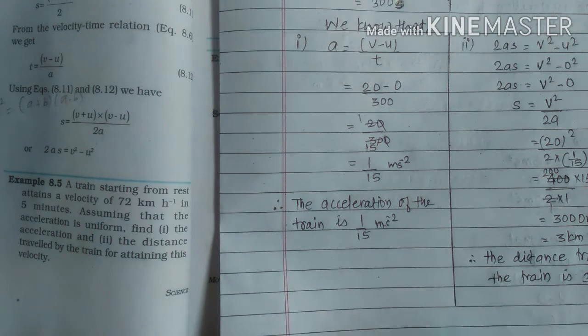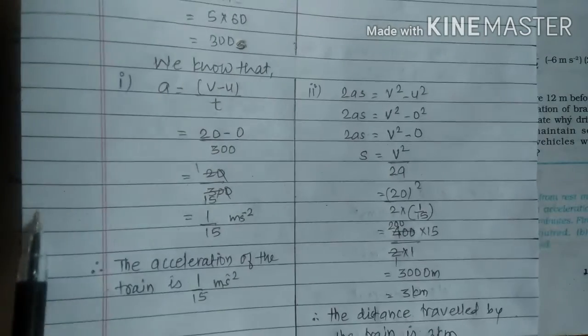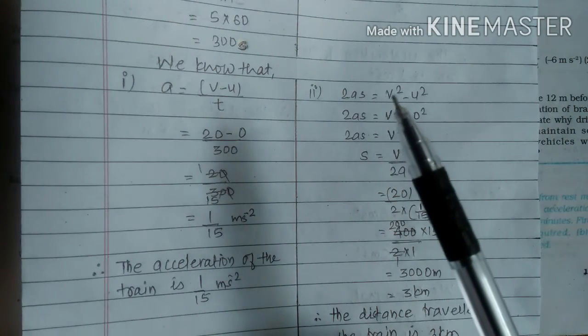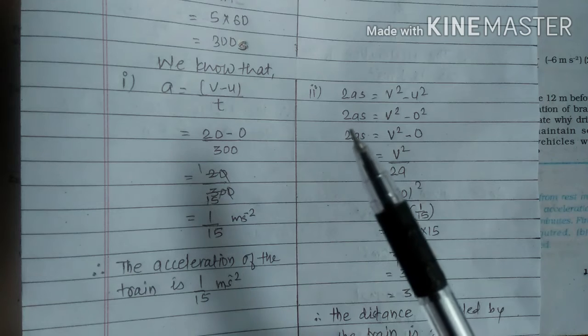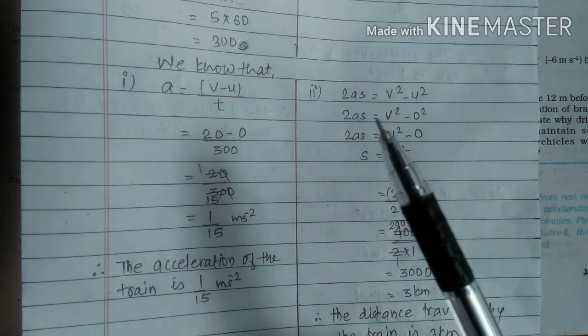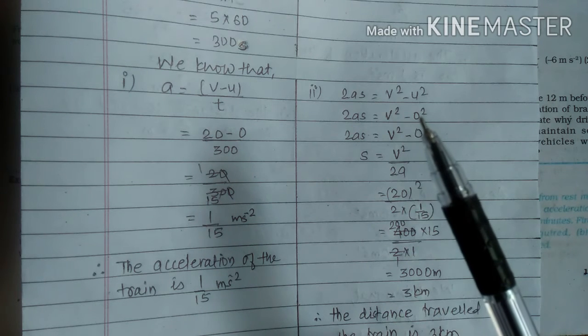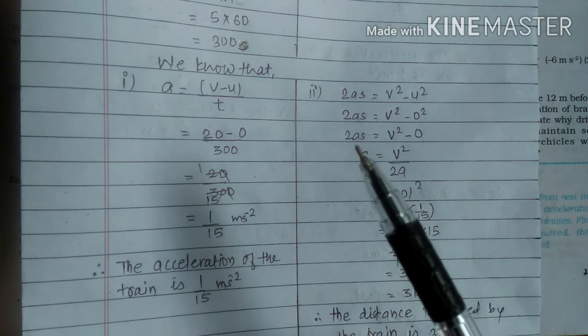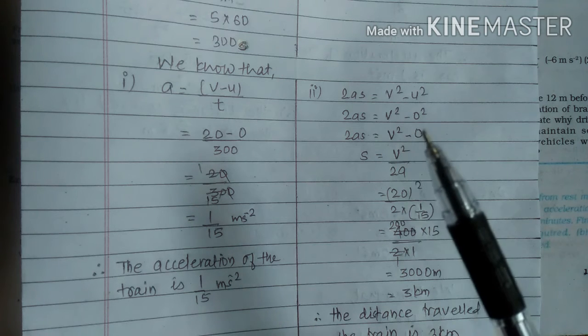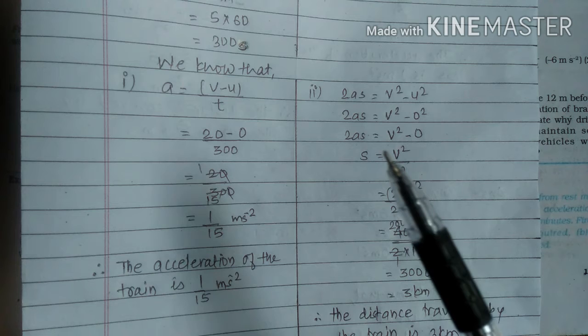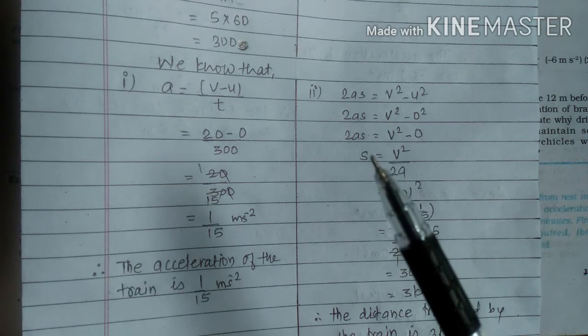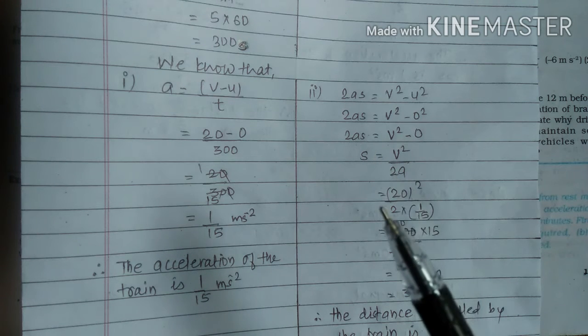Now second, we have to calculate the distance. For the distance formula we are taking 2as is equal to v square minus u square. Here u is 0, so 2as is equal to v square. Now taking 2a to the other side, it becomes s is equal to v square upon 2a.